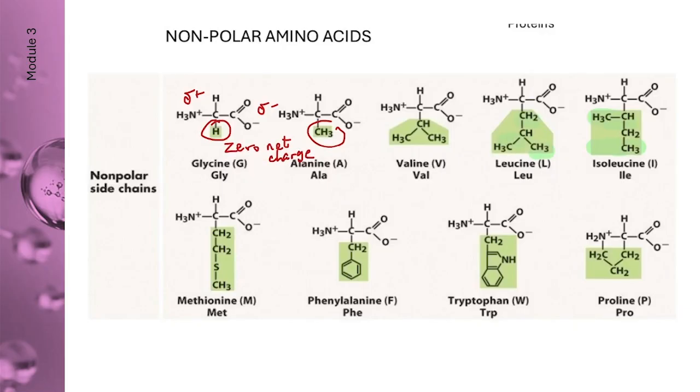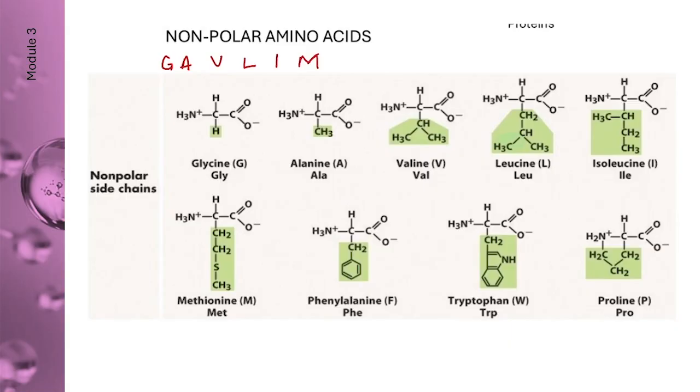Okay, so we then go straight into which are those amino acids that are non-polar, and the important thing is learning first the names of those amino acids. There's an abbreviation that is usually used, and that abbreviation is GAVLIMP.